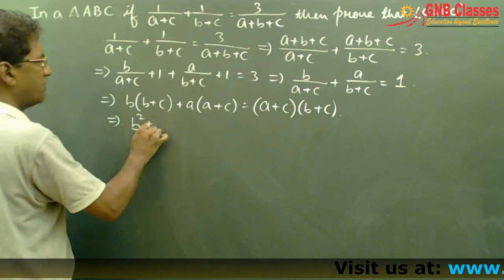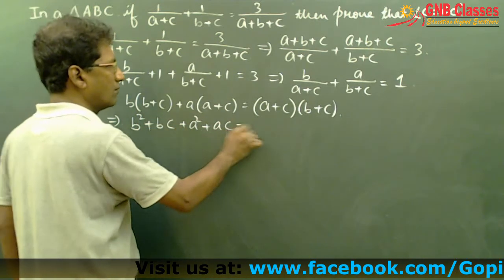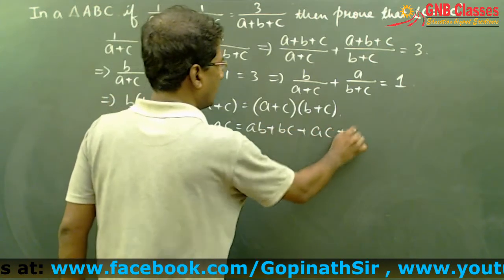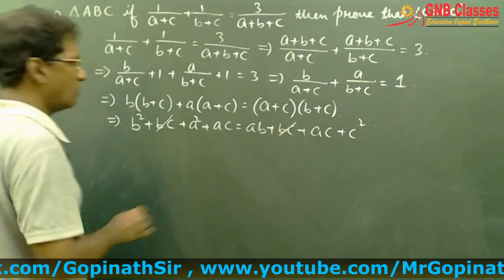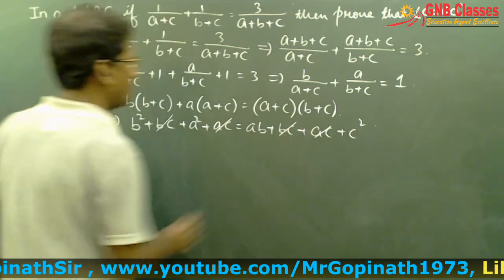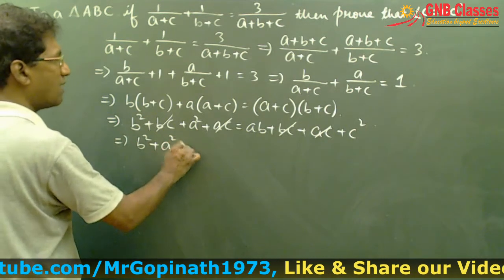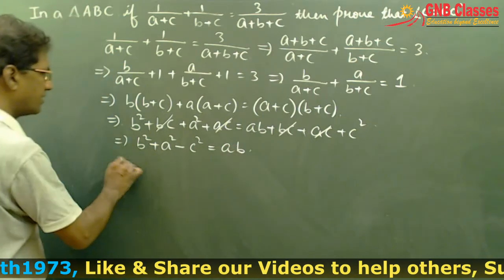So after multiplying, we are going to get, so BC goes off, AC goes off. So we are left with B square plus A square minus C square equals AB.